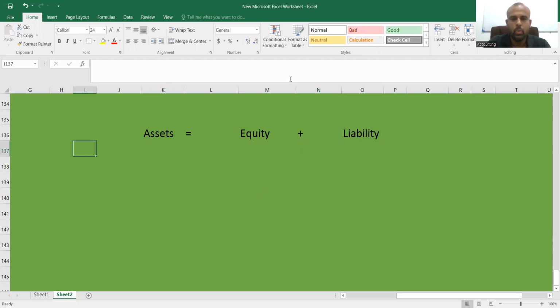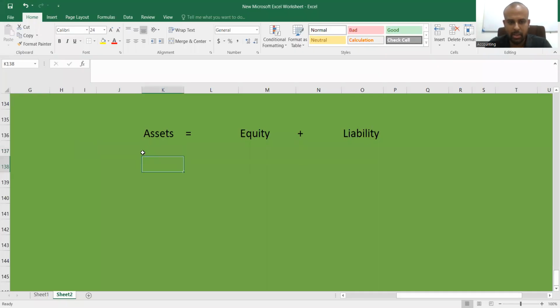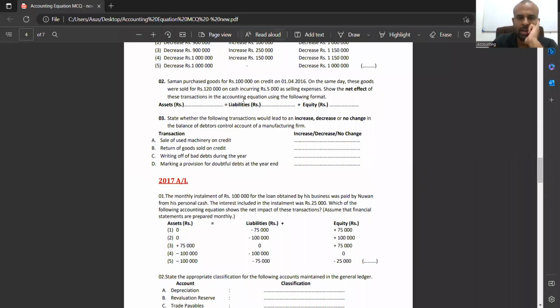What has happened there? For the 100,000 worth stocks you purchase on credit, your assets balance increased by 100,000 and liability balance increased by 100,000. Then it says you sold the entire stock for 120,000.